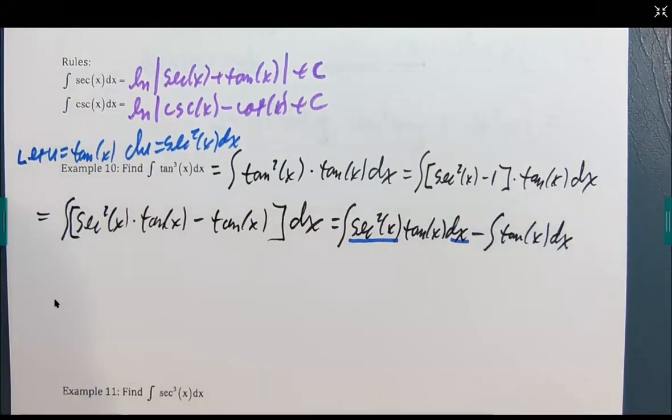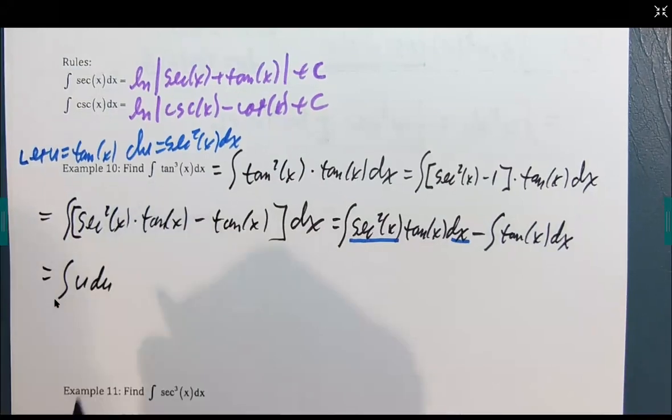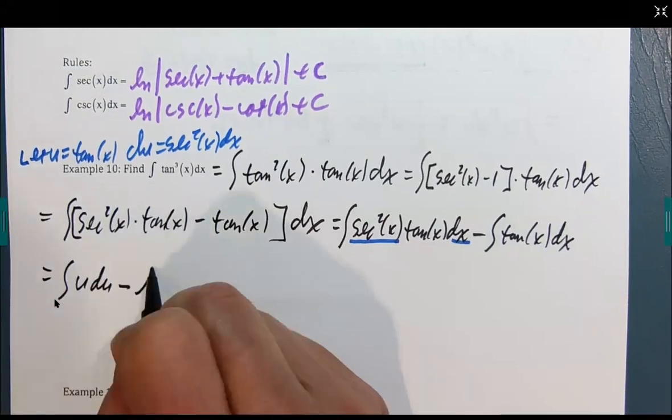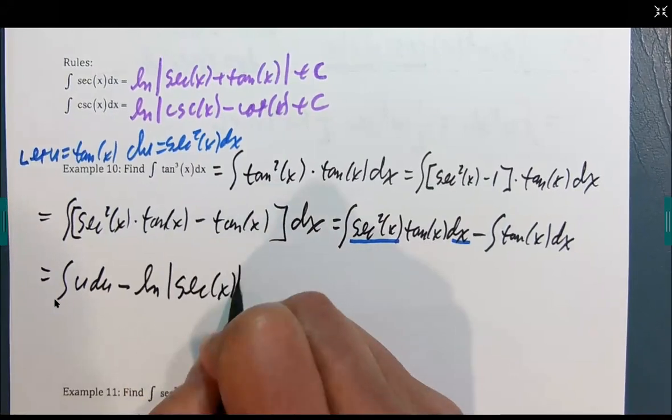So for the first integral, this becomes the integral of u du, minus, and we now know that this is the natural log of the absolute value of secant x. We just proved that a few minutes ago.